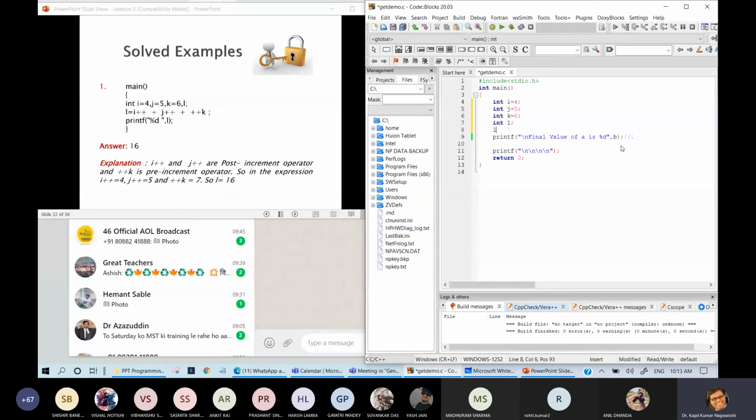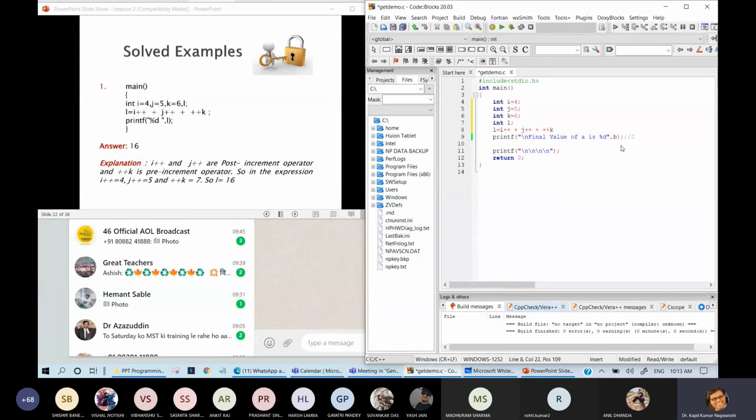Now the value of L is I plus J plus K. Now what will be the answer? I plus is 4, J plus is 5, and plus K is 7.